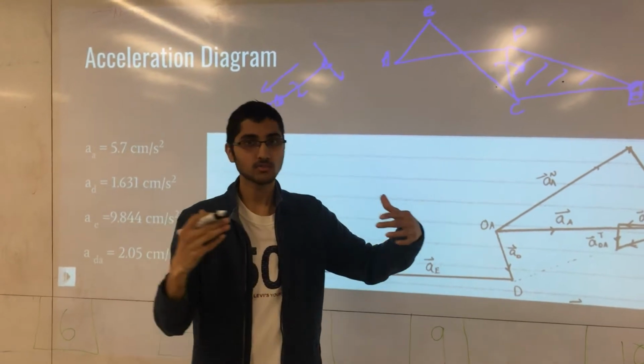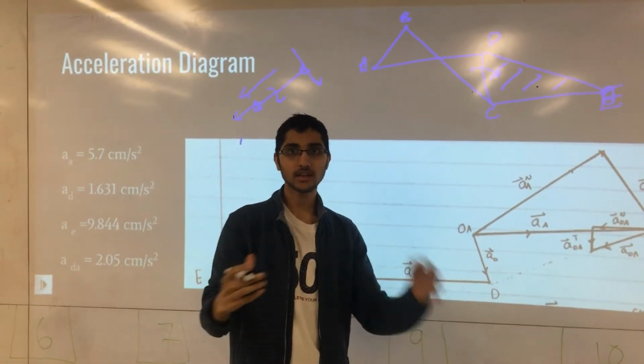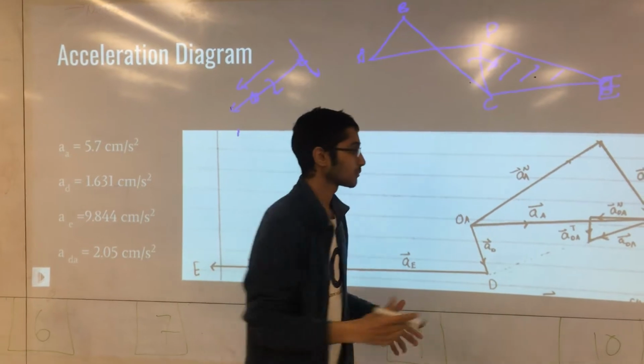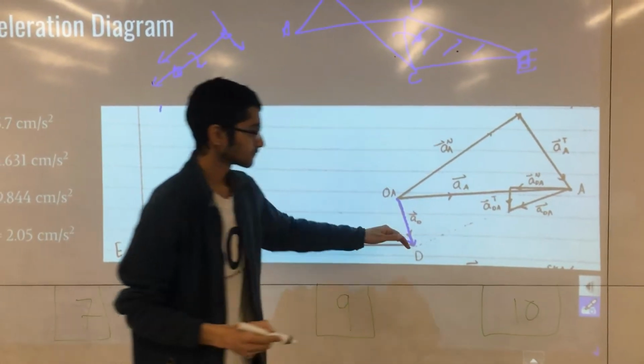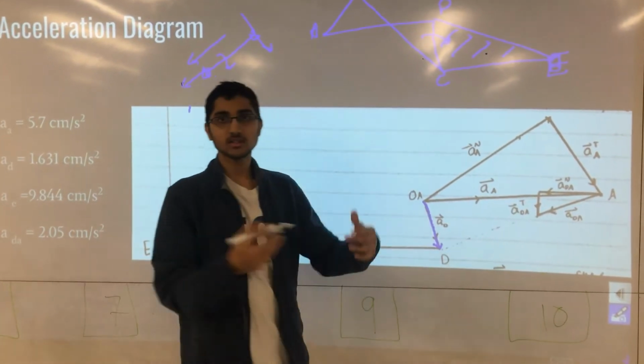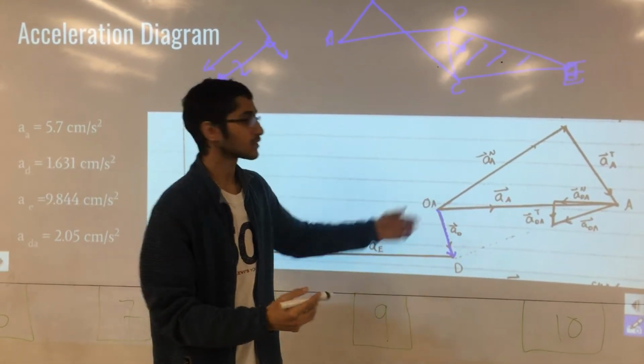That means on the acceleration diagram, this would only have a normal component and no tangential component. So that's right over here. A_D, we didn't write N because this is the absolute acceleration of D relative to ground.